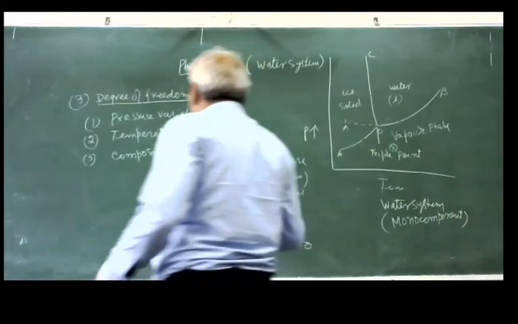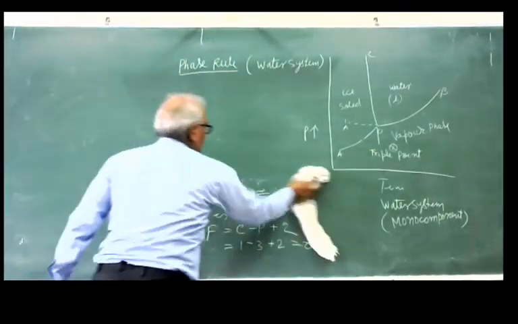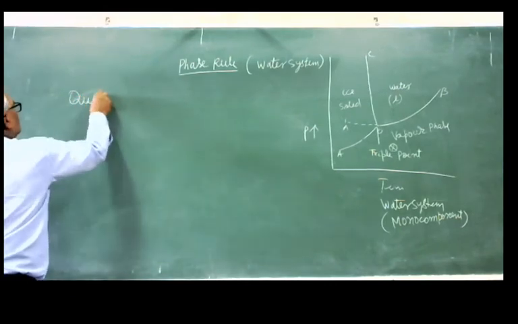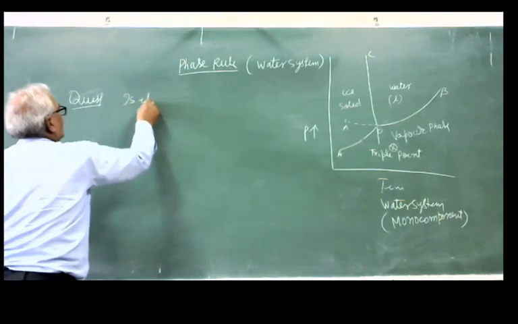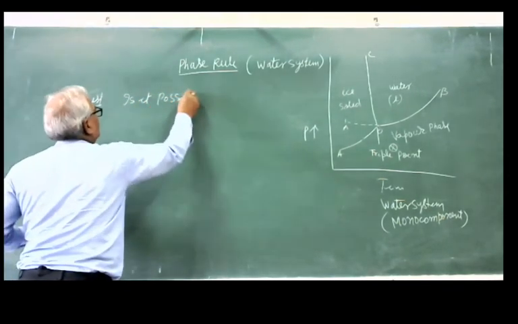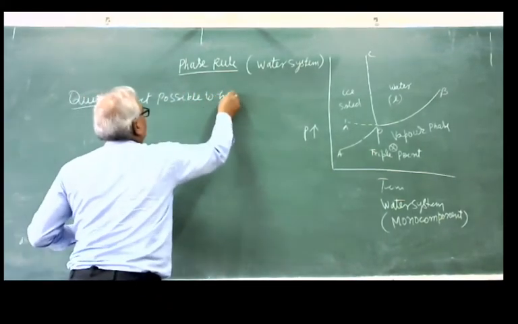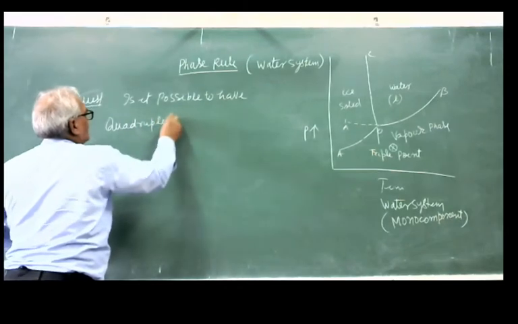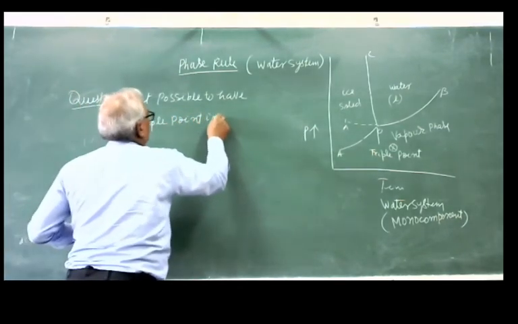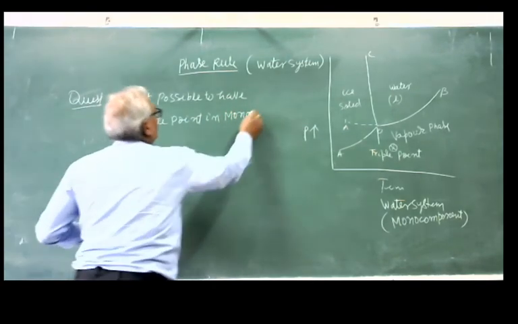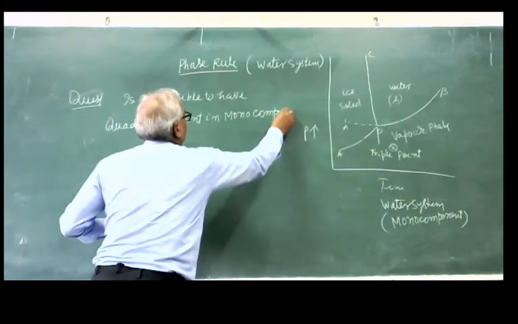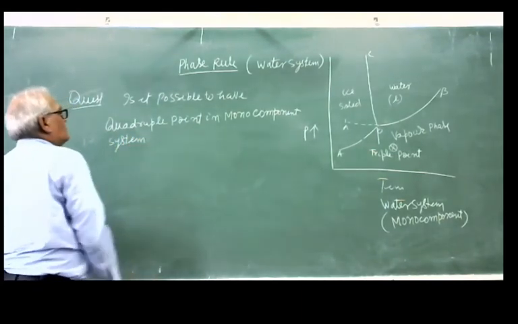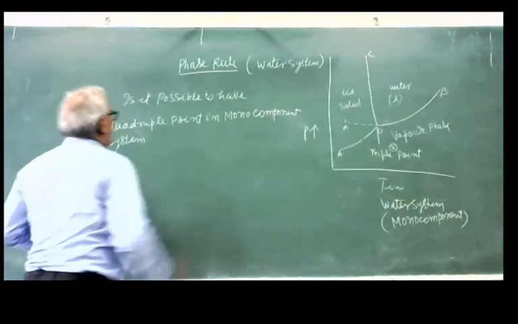Now just see the question. Is it possible to have a quadruple point in a monocomponent system?